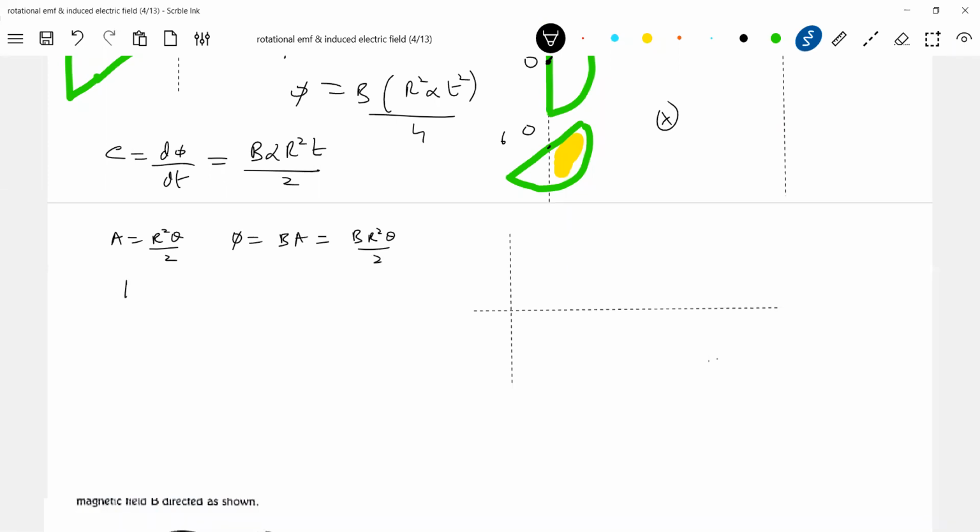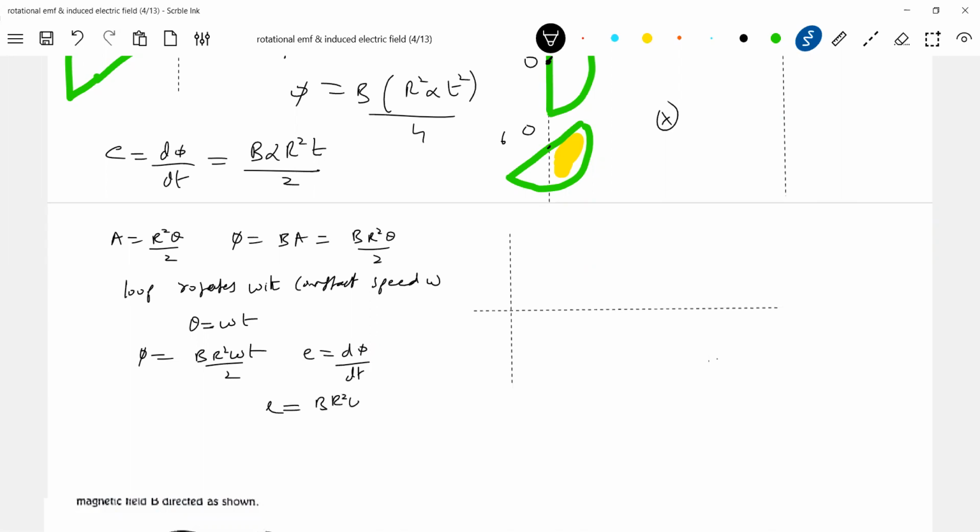If the loop rotates with constant speed omega, then theta will become omega t, then the flux will be B r square omega t by 2. I'll differentiate, I'll get EMF induced. d phi by dt should be equal to how much? B r square omega by 2. Now plot this graph, how the graph will be.